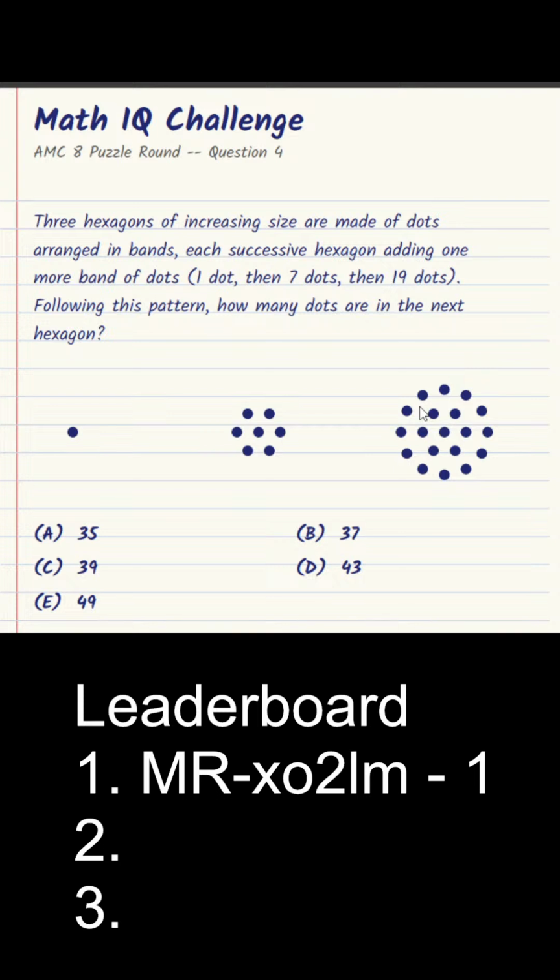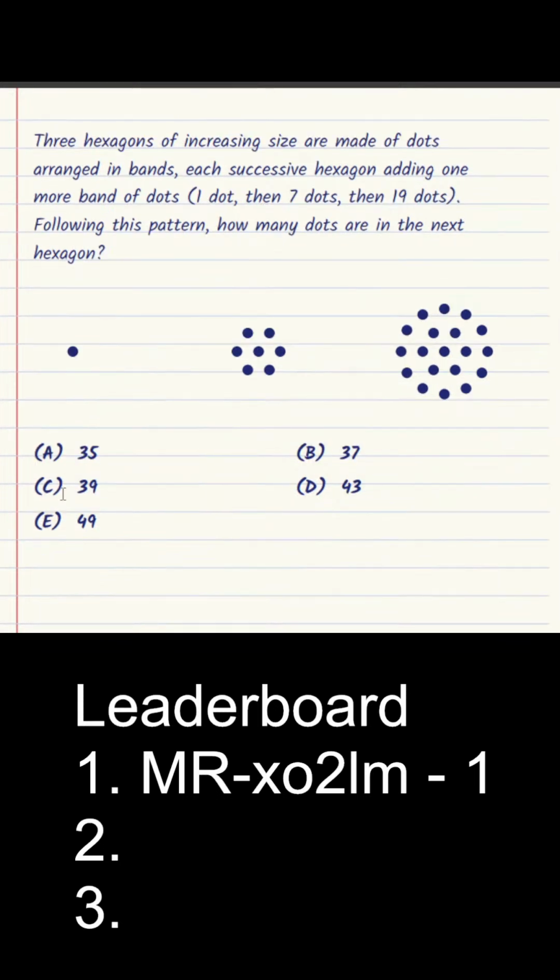And the options you are given are 35, 37, 39, 43, and 49. So follow the pattern of the dots and then you can figure out how many dots will be there in the next hexagon.